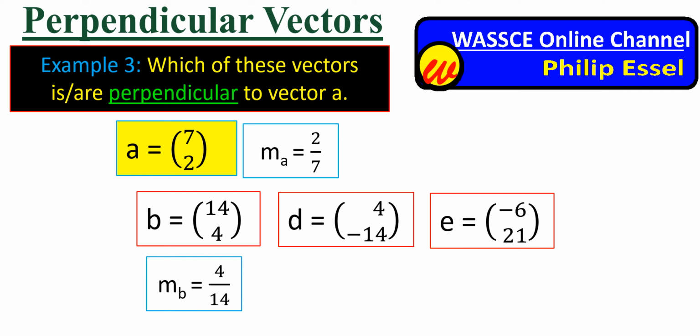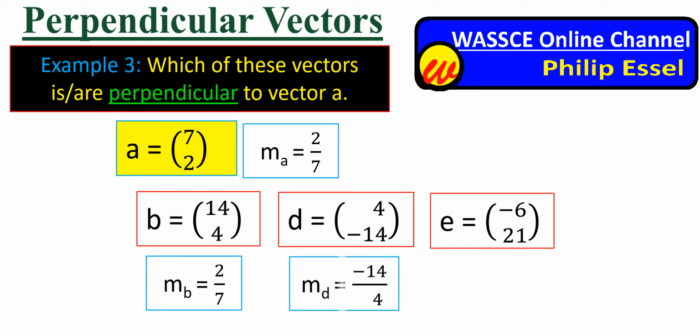When you break this down further, you would get 2 divided by 7. The slope of the vector D is equals to negative 14 divided by 4. When you break this down further, you would get negative 7 divided by 2.